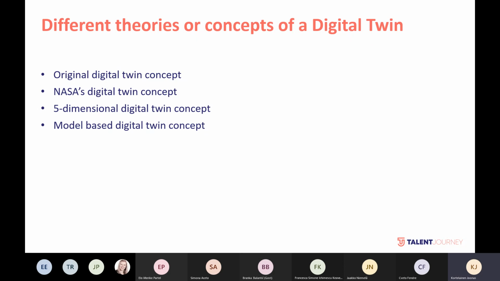And then there's the 5-dimensional digital twin concept, which takes the original concept one step further. And then there's the model-based digital twin concept, which focuses more on the management systems than on the product or process itself.